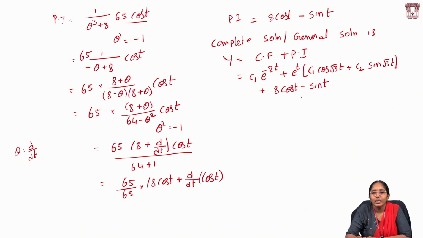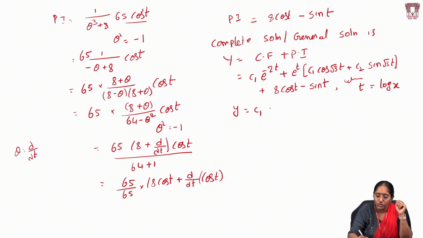Here the complete solution is y in terms of t, but actually in our problem the dependent variable is y and the independent variable is x. The solution of a differential equation is always a relation between the dependent and independent variable. So we need to write the total solution in terms of x by replacing t equals log x.